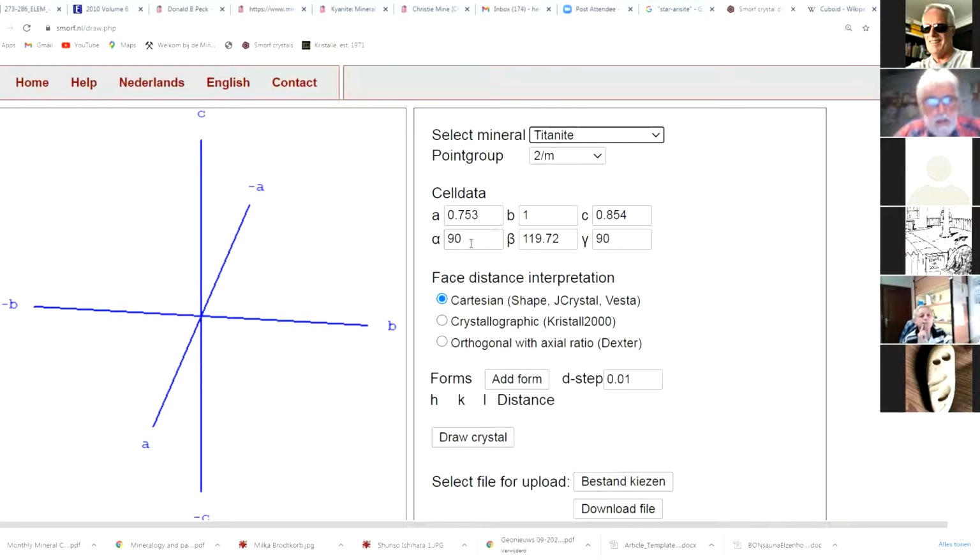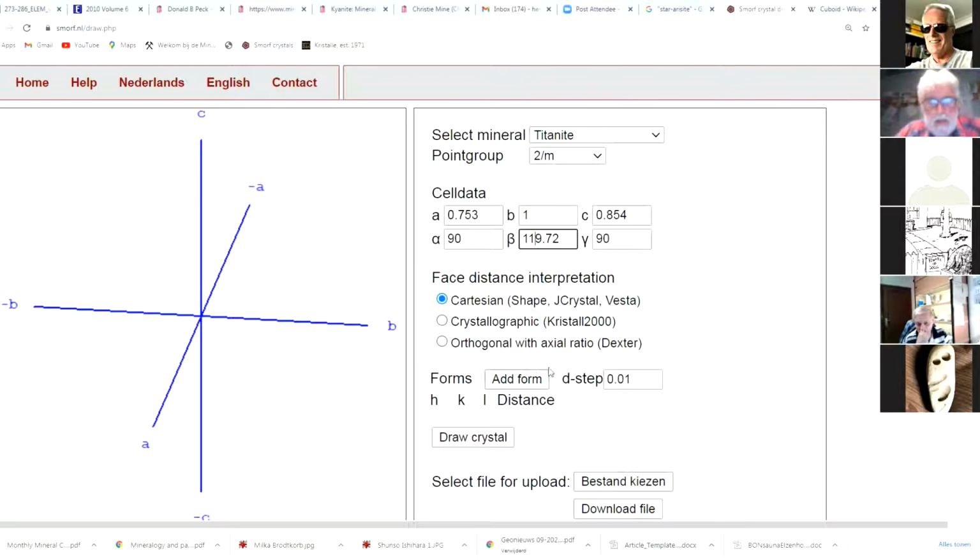There's an angle between A and C of 119 degrees, which you can see here. B is still perpendicular to A and perpendicular to C, but A is no longer perpendicular to C; it is at an angle.